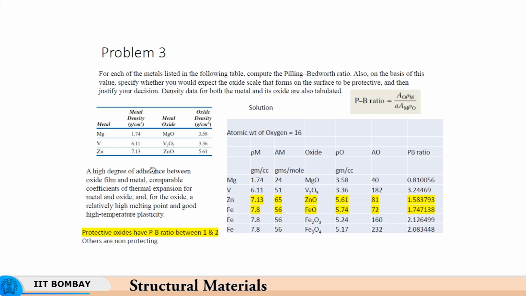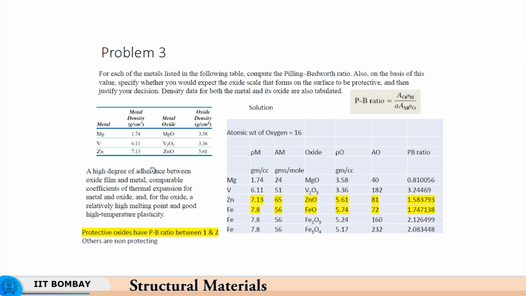In the case of vanadium, it is 6.11 and 3.3, so the density of the oxide is far lower as compared to the density of the metal. Here zinc is 7.13, zinc oxide just 5.61, iron 7.8 gram per cc, and here it is 5.74.